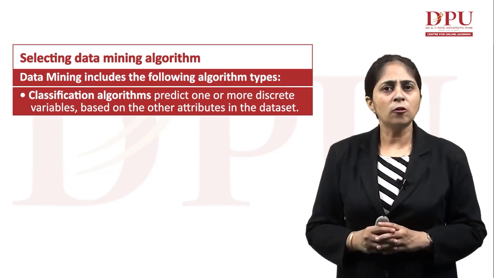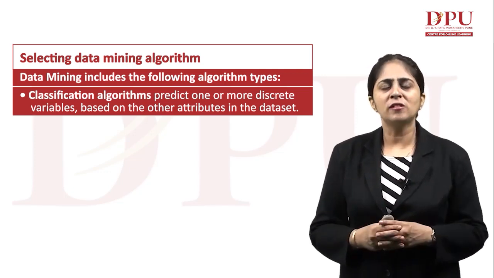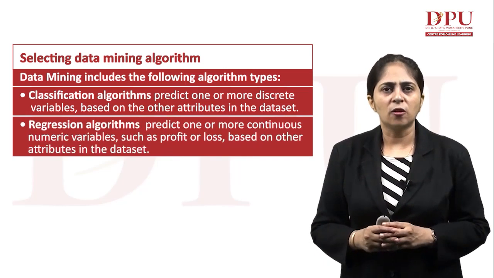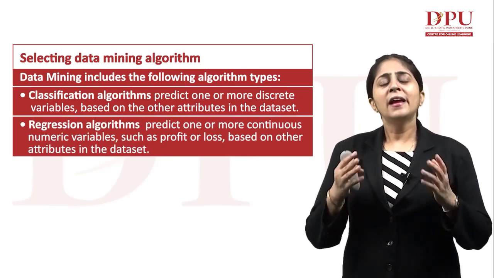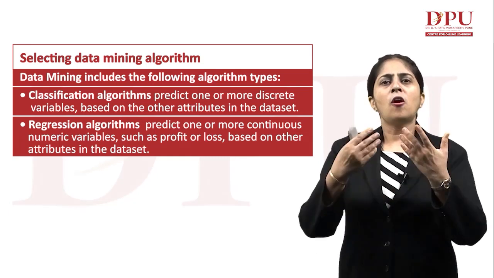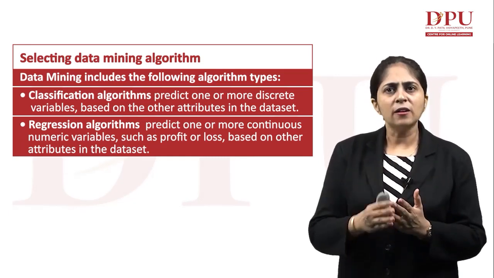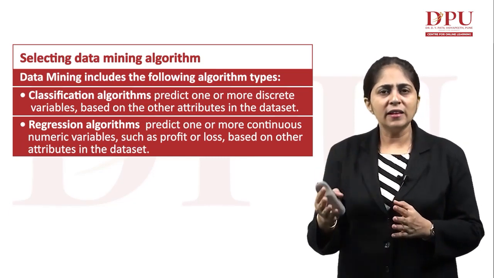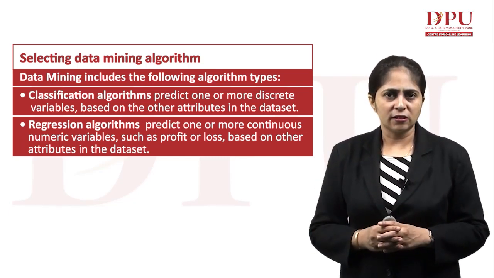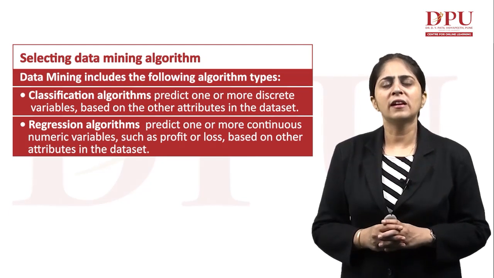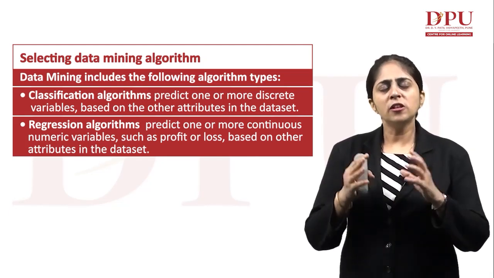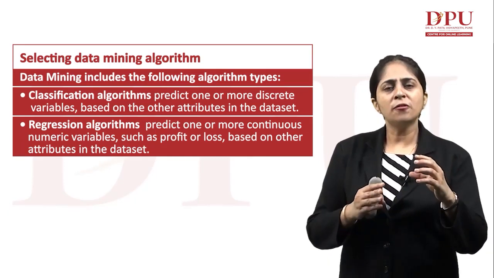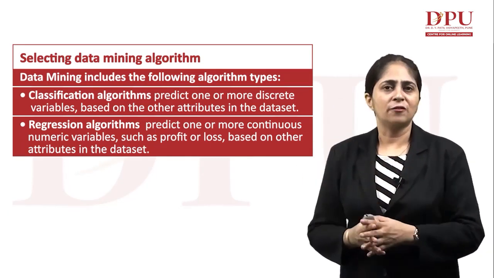Talking about the second algorithm, which is most frequently used in our data mining techniques, that is the regression algorithm. Regression predicts one or more continuous numeric variables, like profit or loss, based on other attributes in the dataset. If you talk about the regression algorithm, that means you already know one variable on the basis of which you can work out the second variable.